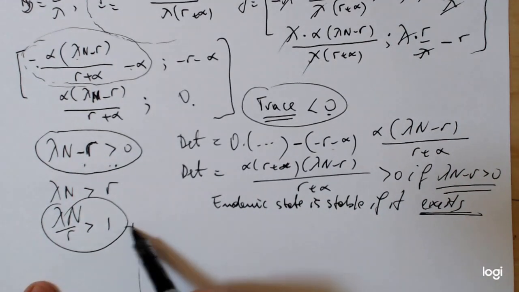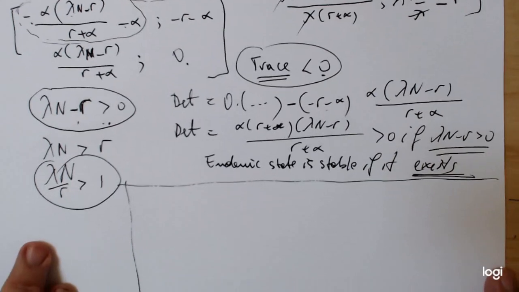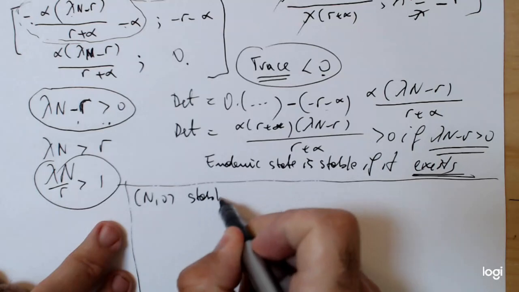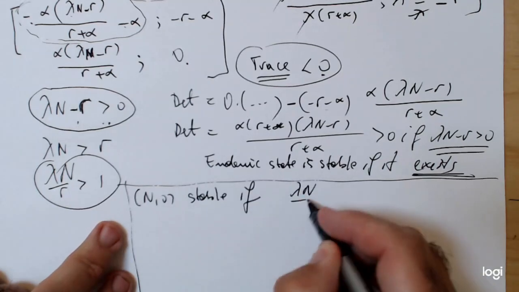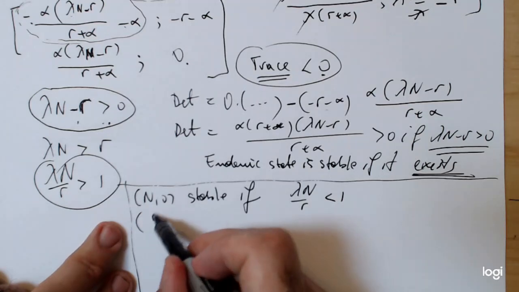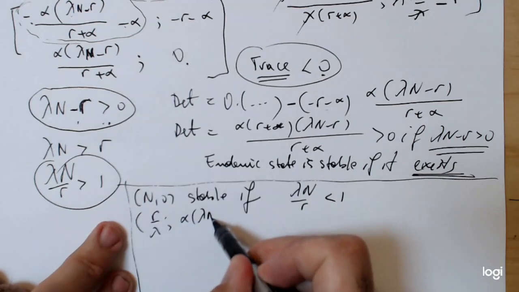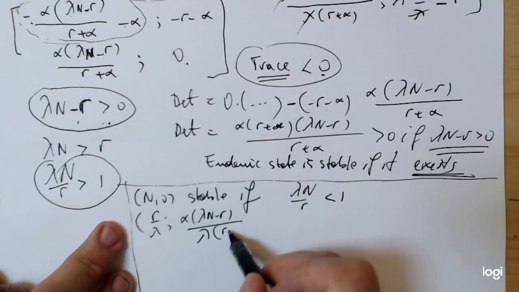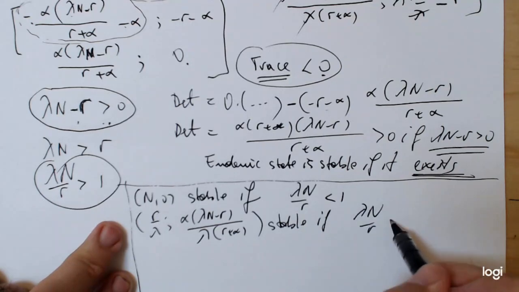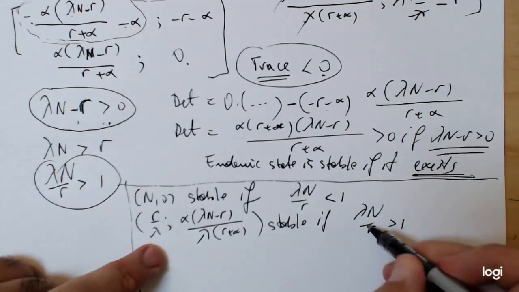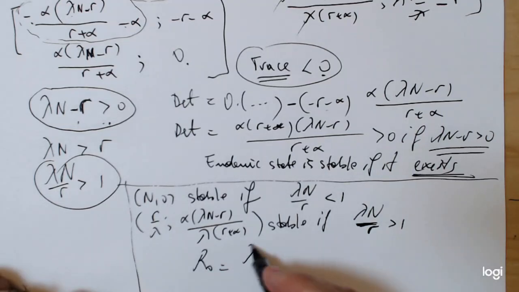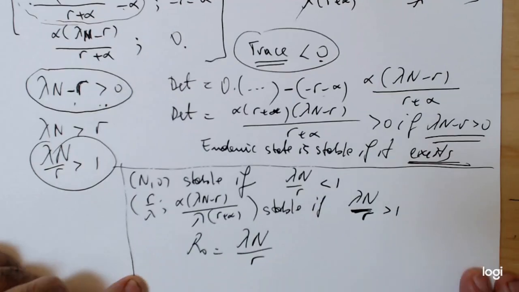All right, so the outcome of our stability analysis is that we have the disease-free equilibrium stable if lambda n over r is less than 1, and the endemic state stable if lambda n over r is greater than 1. So the entire stability condition is determined by this quantity, which is called R naught, the epidemic reproductive number.